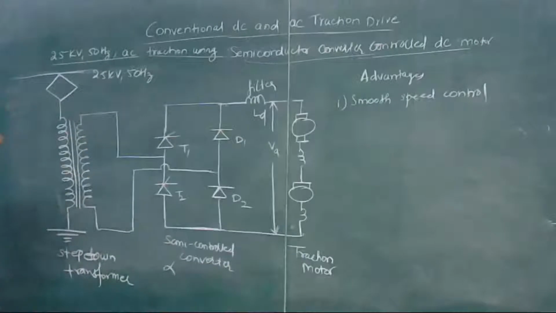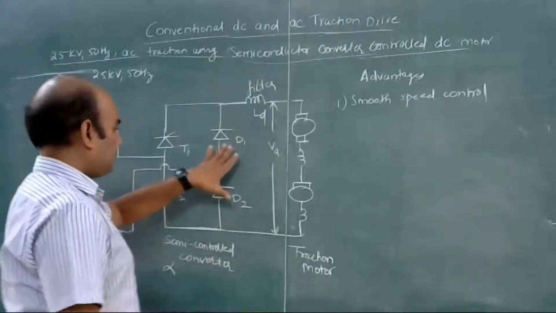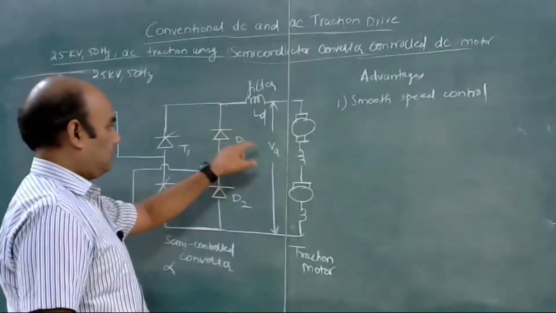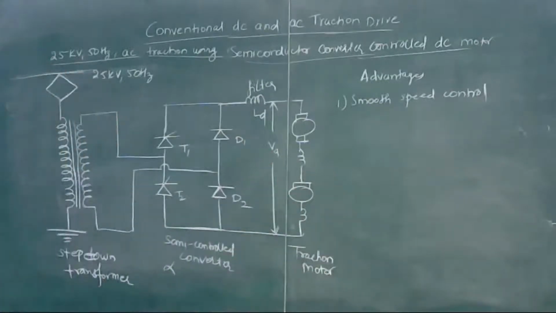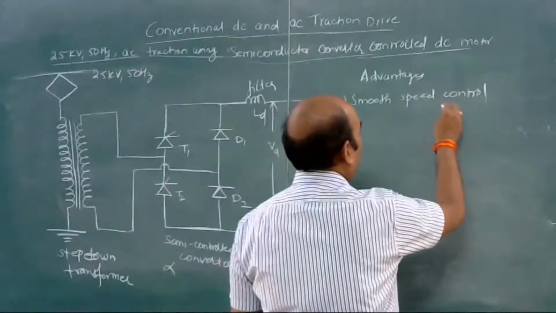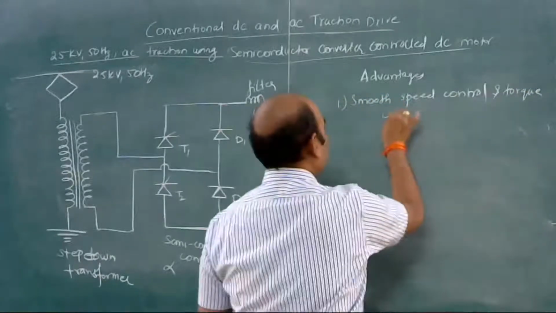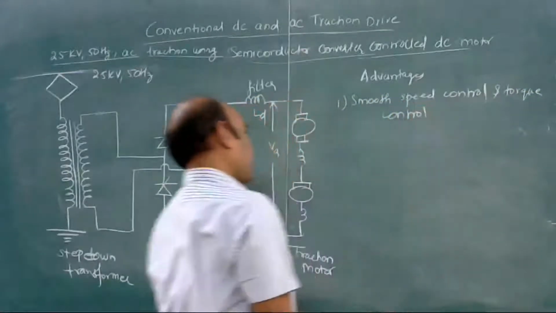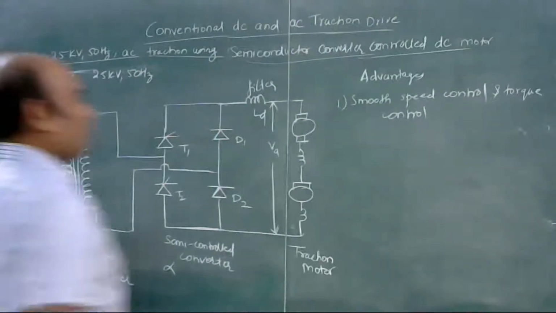Okay. So we will see later what is the output of this converter and how it depends on this alpha. Okay. So there is smooth control of output voltage, and torque and speed control are smooth. So smooth speed and torque control, and smooth control of output voltage.